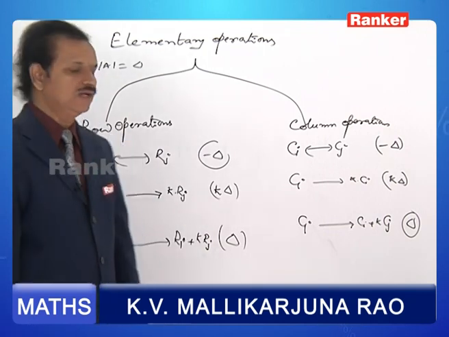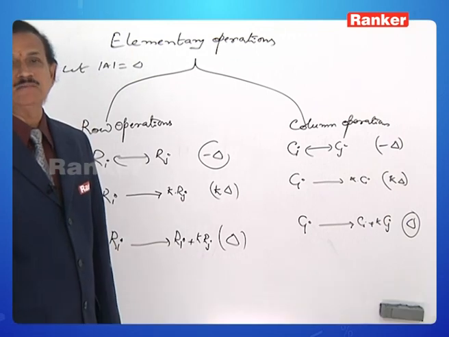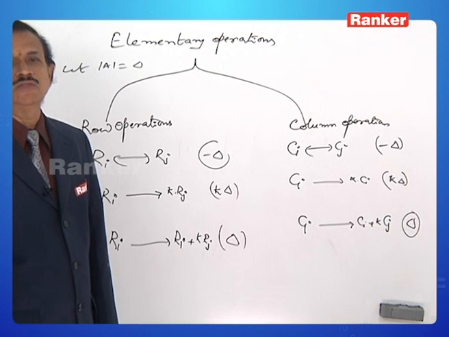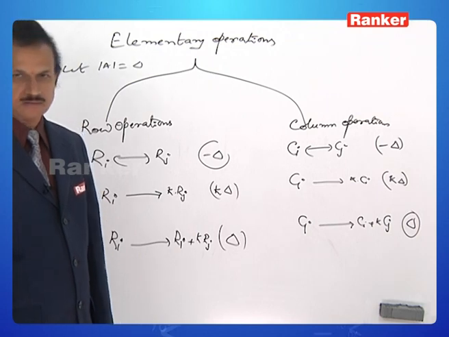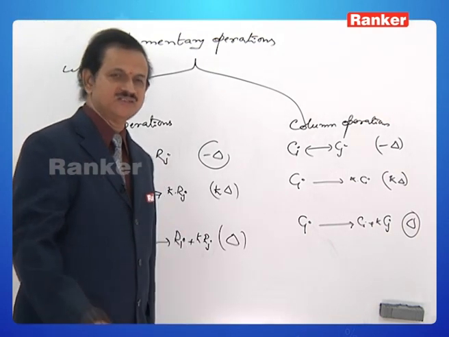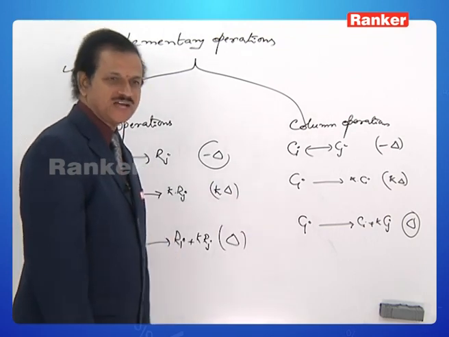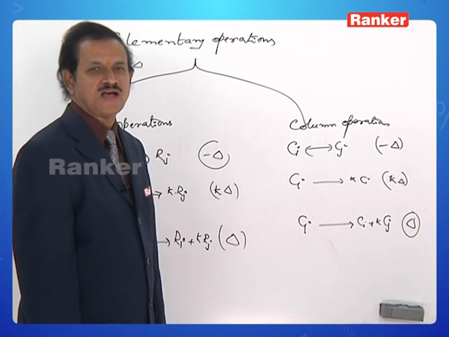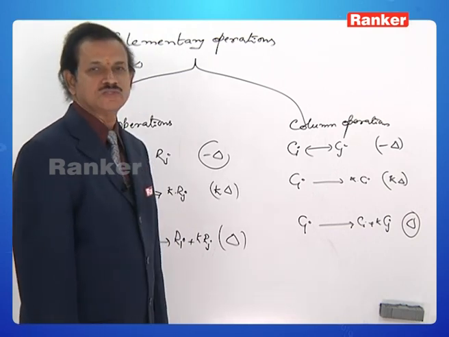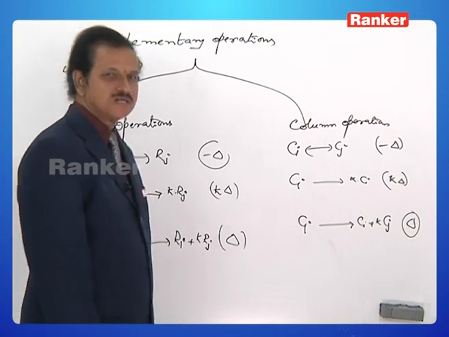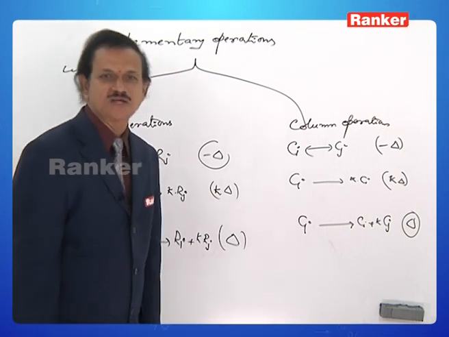If k times the elements of jth row are added to those of ith row, then value of the determinant does not change or remains unaltered. In a similar way, if k times the elements of jth column are added to those of ith column, then also value of the determinant does not change.